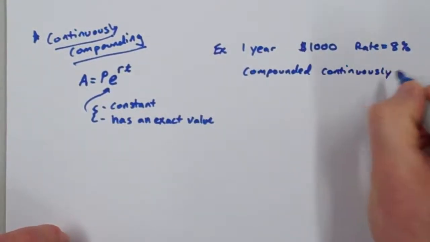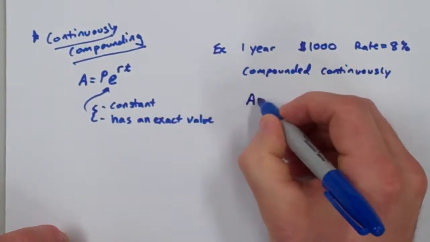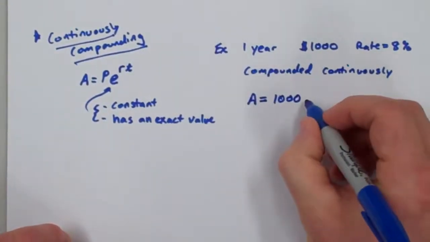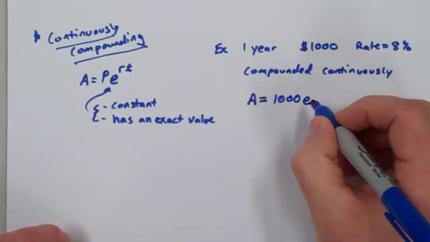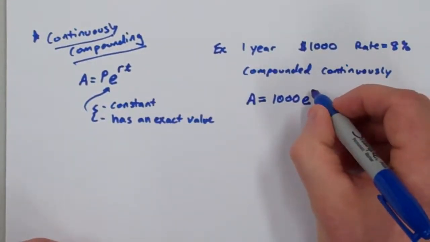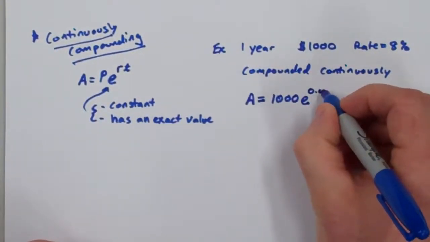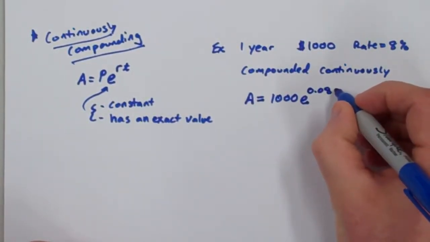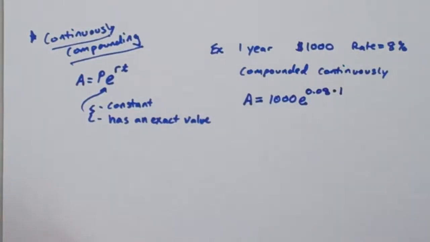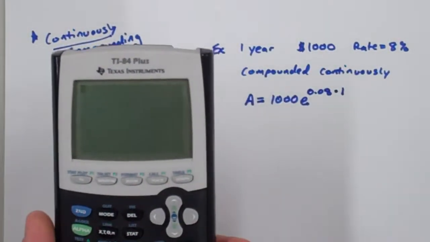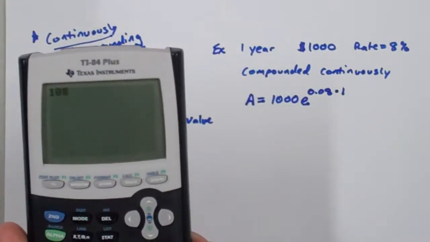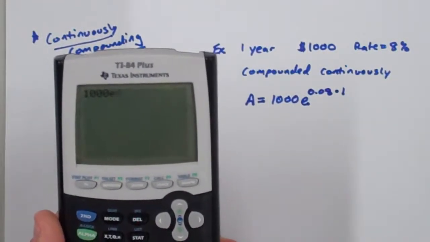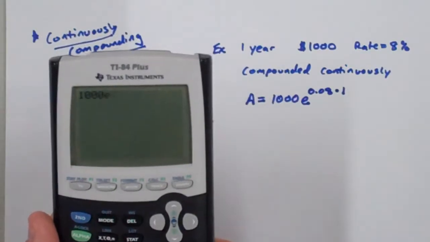Well, let's see. We would have A is equal to P as the starting amount, or 1,000, times E, and then we need to raise this to the rate, which is 0.08. Always change the rate, if it's a percent, into a decimal, times T, and that's times 1. So if you enter this into your calculator, all you really need to do is just type in 1,000, second, the division symbol, which is the E, and then we're going to raise that.